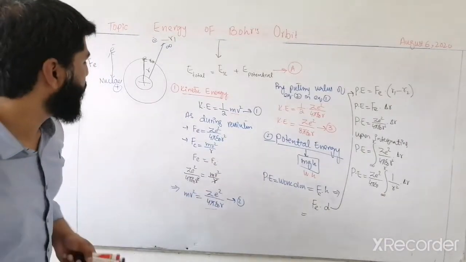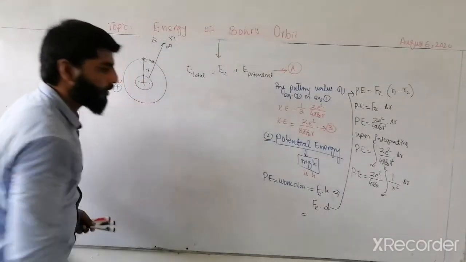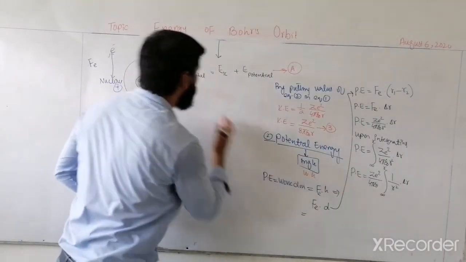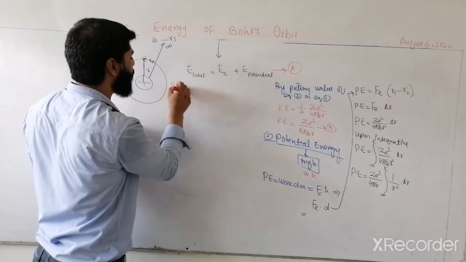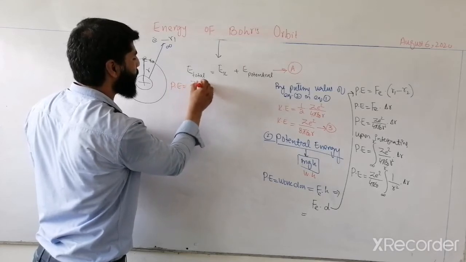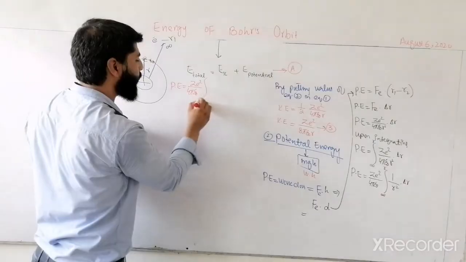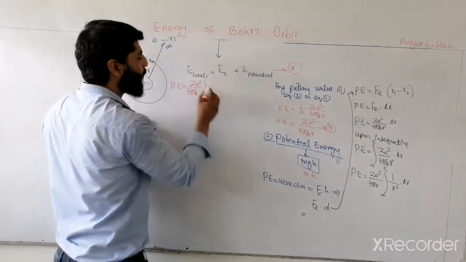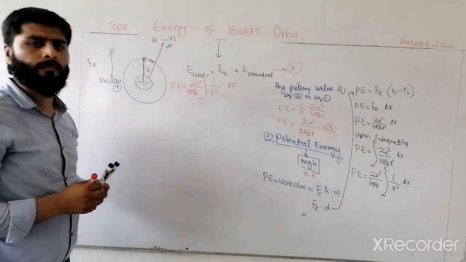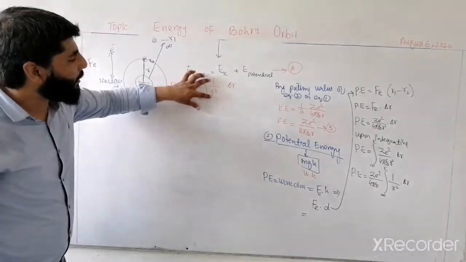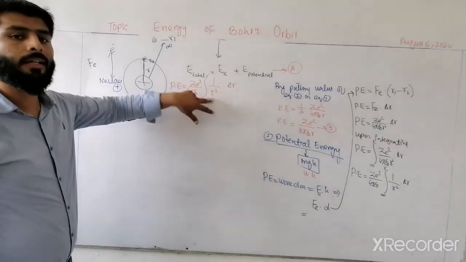Now we have the potential energy as Ze² divided by 4πε₀ into the integral of 1 upon r² with respect to dr. 1 by r² can be written as r to the power minus 2.